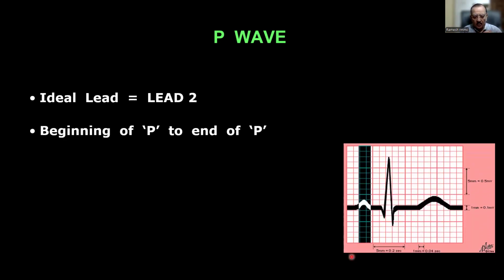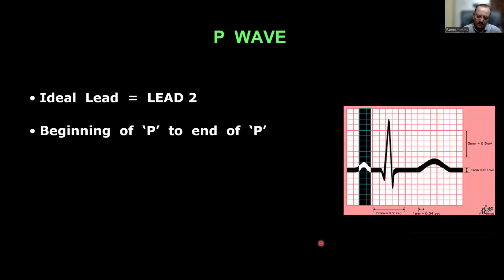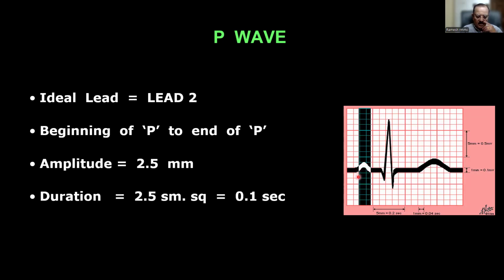Right? So how do you measure the P wave? You measure from the beginning of the P wave to the end of the P wave. This is the P wave. That is how you measure the P wave. A wave has two directions.